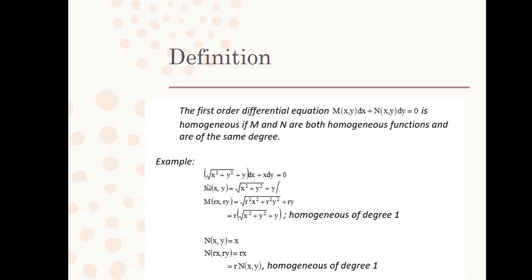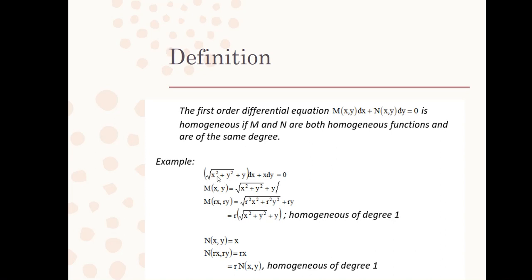But since it's under the square root sign, we're supposed to divide the exponent of the variables under the given square root by 2, because square root means 1/2. So if we do that, the degree of the term in the square root sign is also 1, because it's x squared plus y squared.